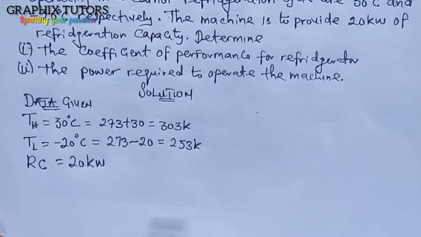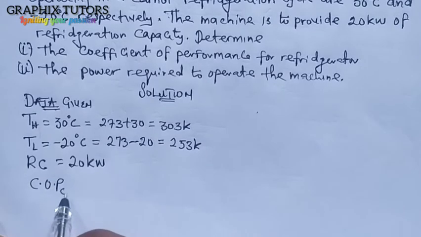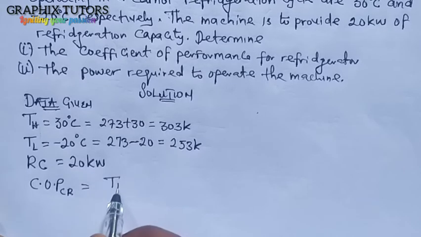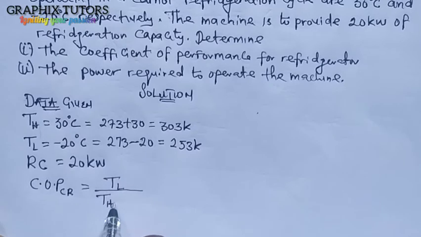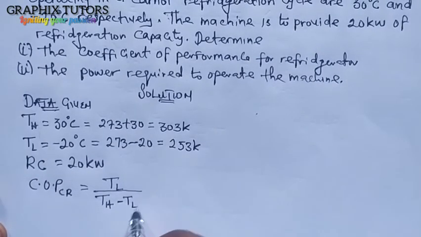We know that the COP of a refrigerating cycle is equal to what? The low temperature, since temperature is given, over what? High temperature minus TL, for a refrigerator. And this will now give me, what is the TL?